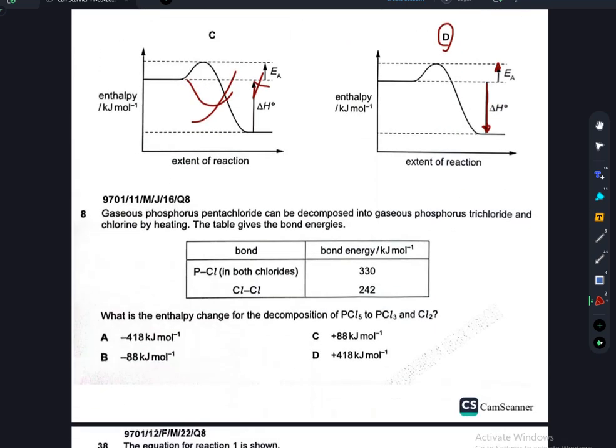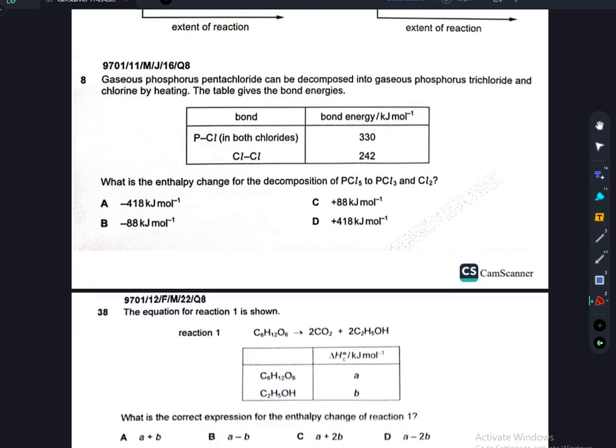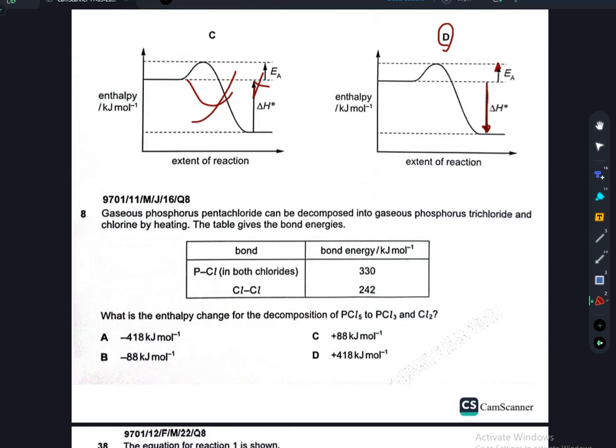Question number 8. Gaseous phosphorus pentachloride can be decomposed into phosphorus trichloride plus chlorine by heating. The table gives the bond energies. So what is the enthalpy change for decomposition of PCl5 to PCl3 and Cl2?